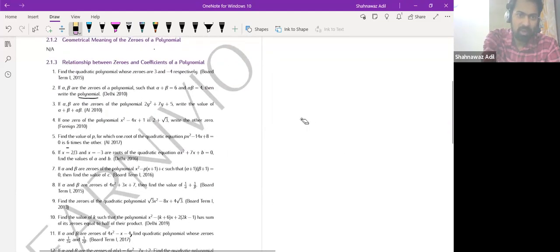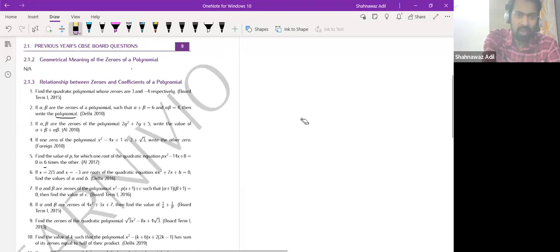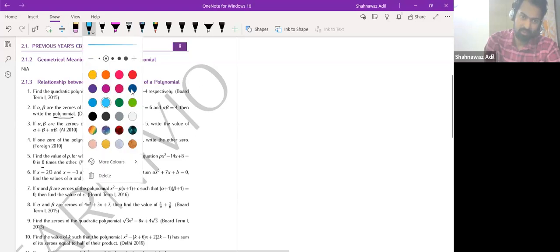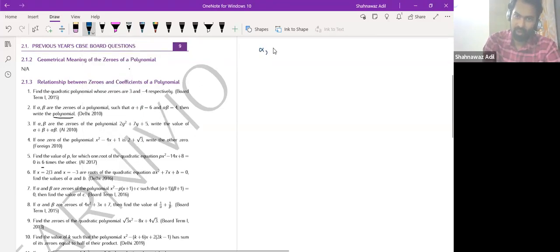So find the quadratic polynomial whose zeros are 3 and minus 4 respectively. So zeros are given, right? So alpha and beta are given. Alpha is 3, beta is minus 4. And then we have to find the quadratic polynomial. So the quadratic polynomial would be x squared minus (alpha plus beta) x plus alpha into beta.